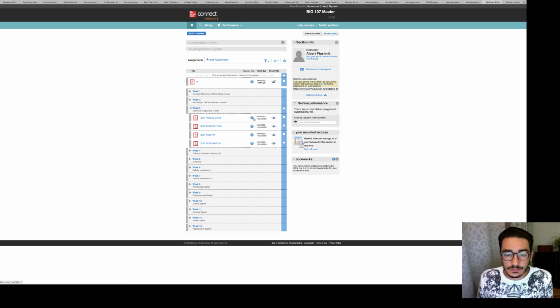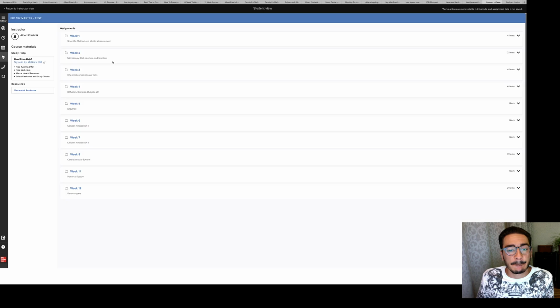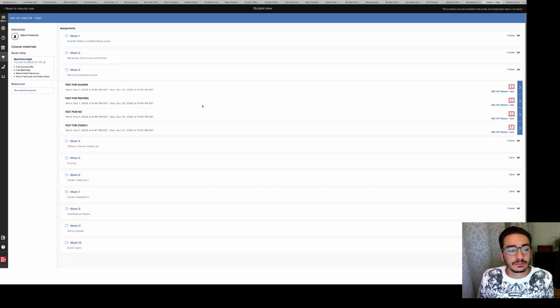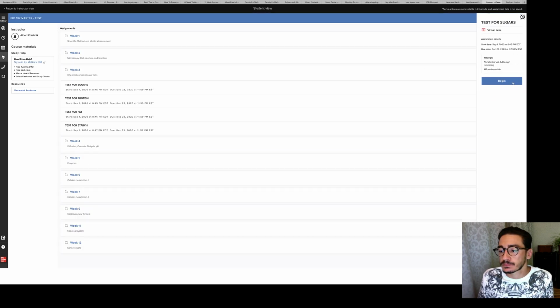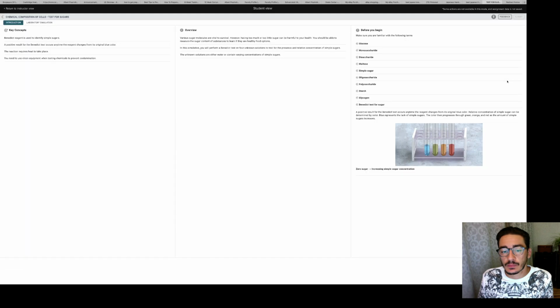Test for sugars. Let me go to the student view. You're going to read the key concept overview. Basically, the test for sugars is a test for simple sugars.